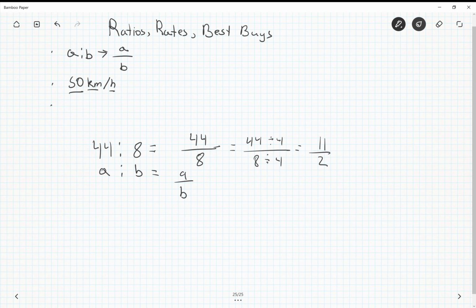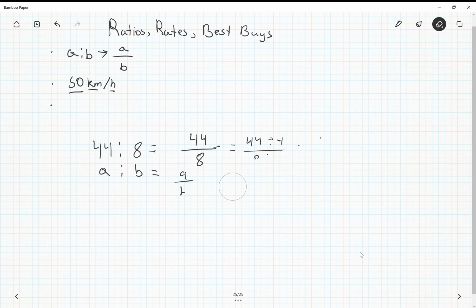So that would be our fraction in simplest form. Now to put that back into a ratio, we know that this is A and this is B. So to make A over B, you'd simply have to put it as this. So therefore our answer would then be 11 to 2 as our simplest form.